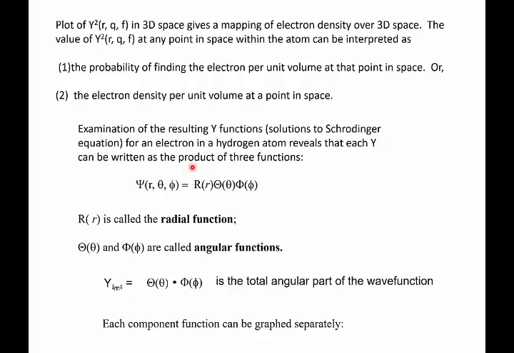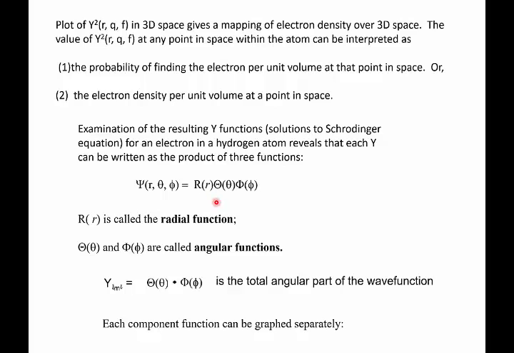When you take a given psi function in its polar coordinates and modify it mathematically, you can break this overall function up into the product of three separate functions: a function in terms of the variable r, a second function in terms of the variable theta, and a third function in terms of the variable phi.